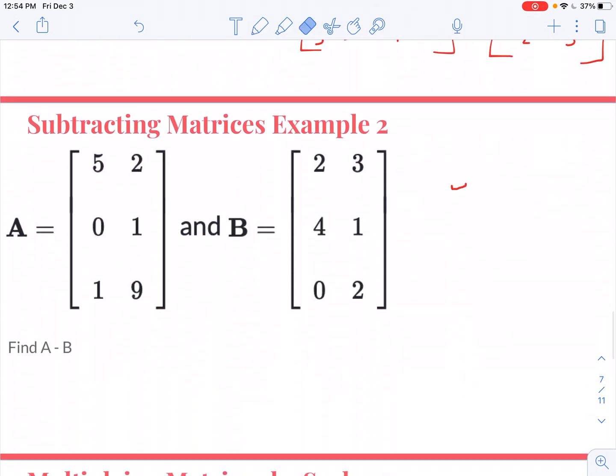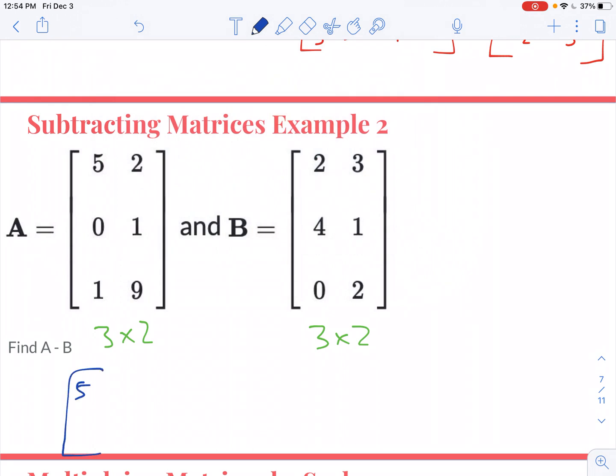All right, another example of subtracting matrices. This time I just have A minus B. Again, this is a 3 by 2 matrix, and this is a 3 by 2 matrix. Each of these have 3 rows and 2 columns. So when I set up my subtraction here, I'll just do it here at the bottom.